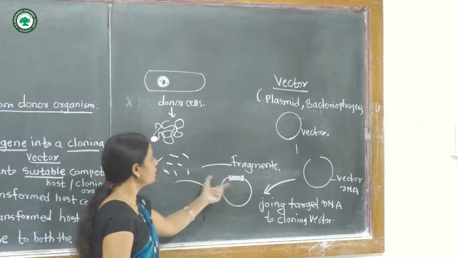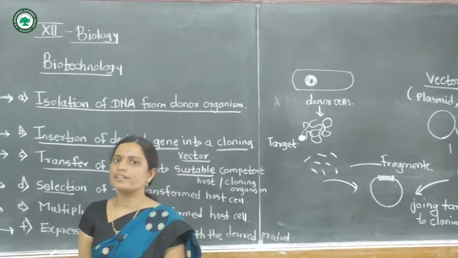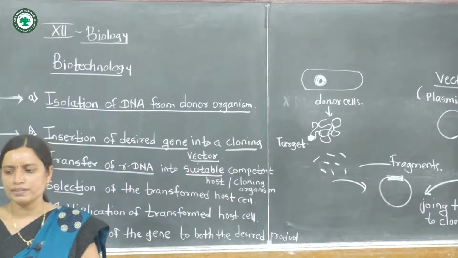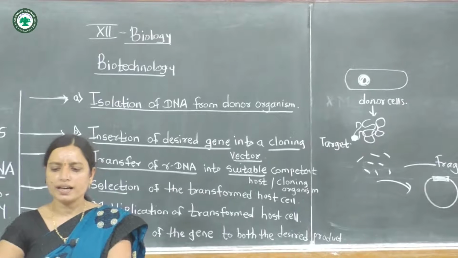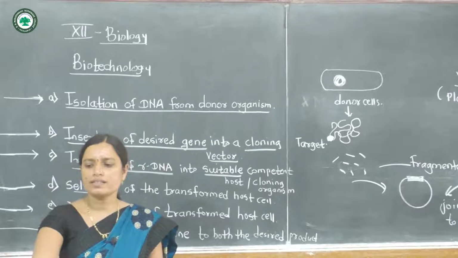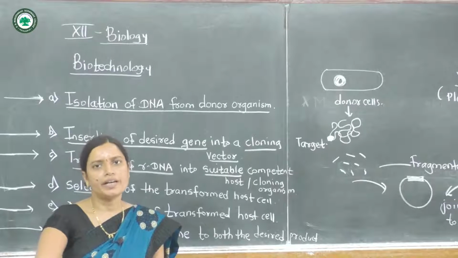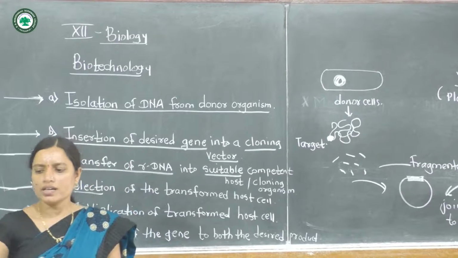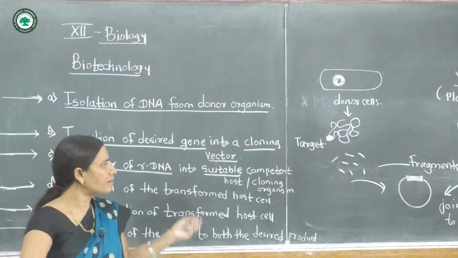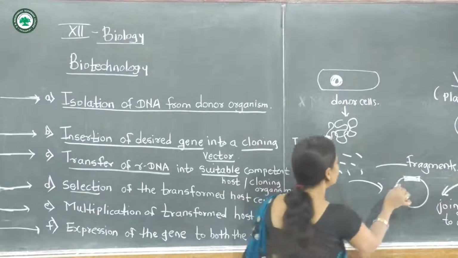These DNA are joined to these vectors. Now this vector is a vehicle to transfer the genetic material to the target or another cell or host organism. For the third step, this is the target DNA.